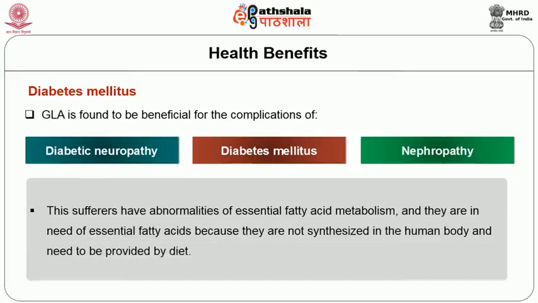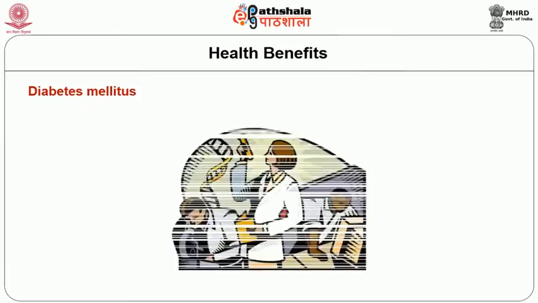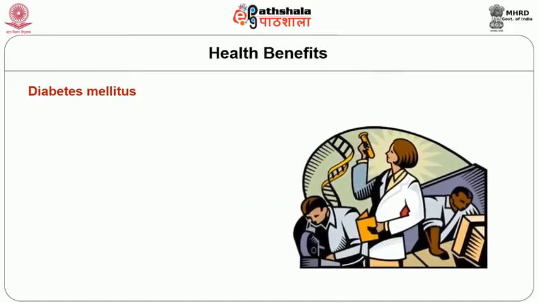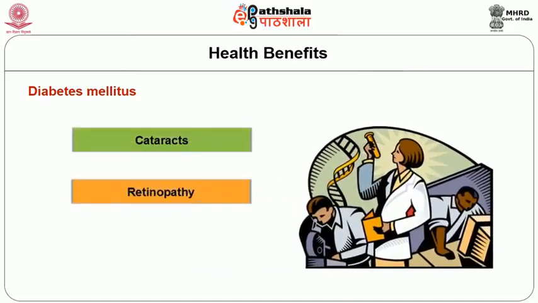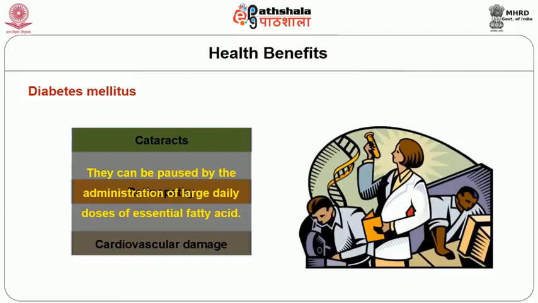Diabetes mellitus sufferers have abnormalities of essential fatty acid metabolism and need essential fatty acids because they are not synthesized in the human body and need to be provided by the diet. That's why we call them essential fatty acids. Researchers have concluded that the development of cataracts, retinopathy and cardiovascular damage can all be reduced by the administration of large daily doses of essential fatty acids.